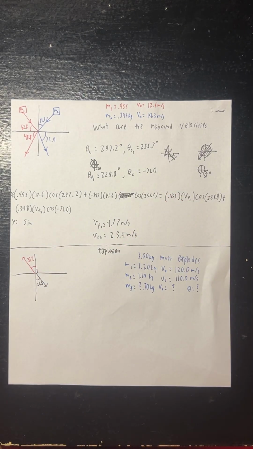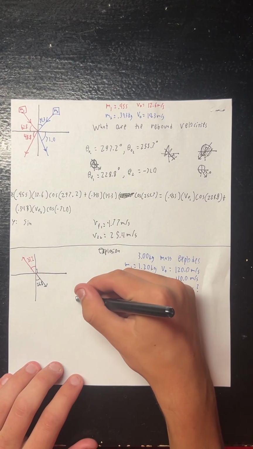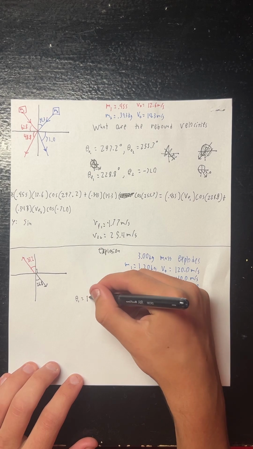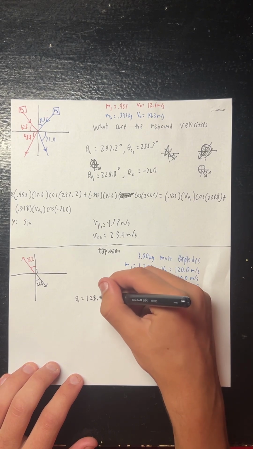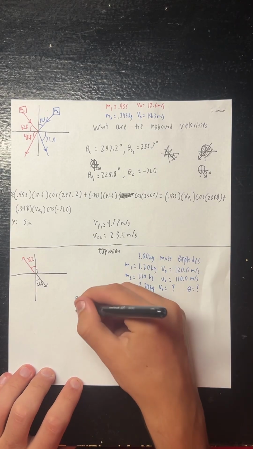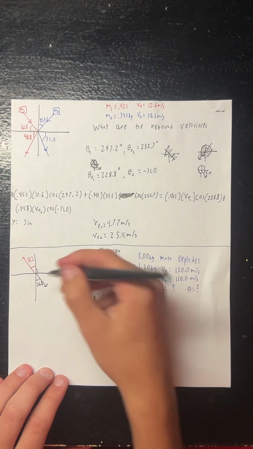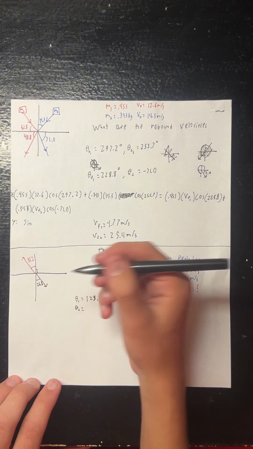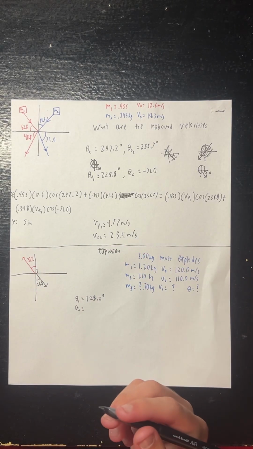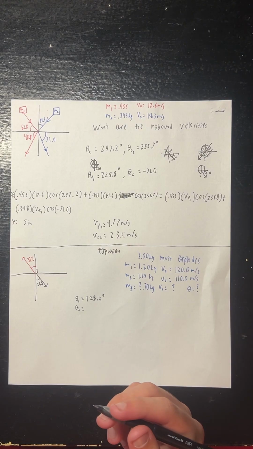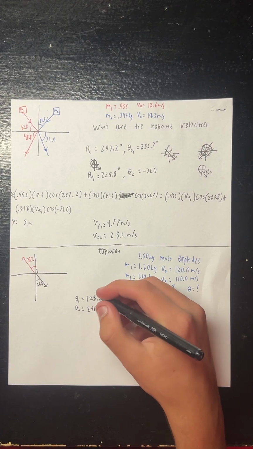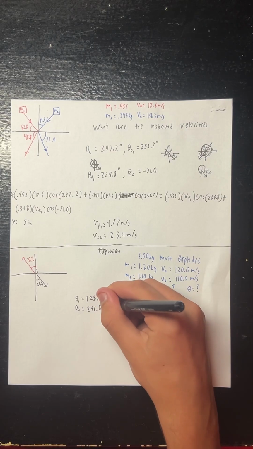90 plus 33.2. We get theta 1 equals 123.2 degrees, and our theta 2 equals, this goes all the way around to 270 plus 26.8, so 270 plus 26.8, which is 296.8 degrees.